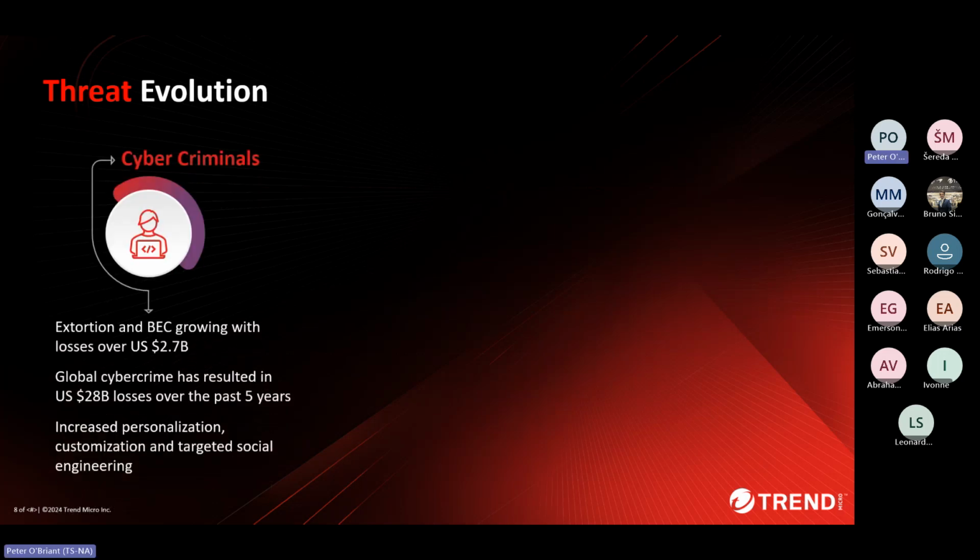Again, cyber criminals keep evolving, and of course they just keep using more and more tools. AI, they're using that to make their phishing emails more convincing. And as it says there, extortion and business email compromise keeps growing, with a loss of over 2.7 billion US.